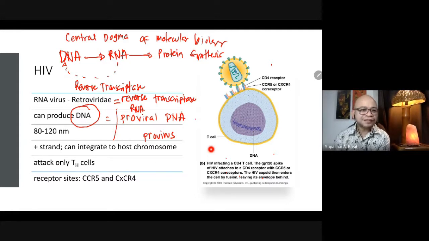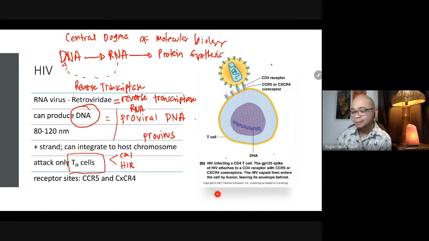The virus would only attack the T helper cells. T helper cells, by the way, are one of the most important cells of our immune system because they are important in both cell-mediated immunity and the humoral immune response.